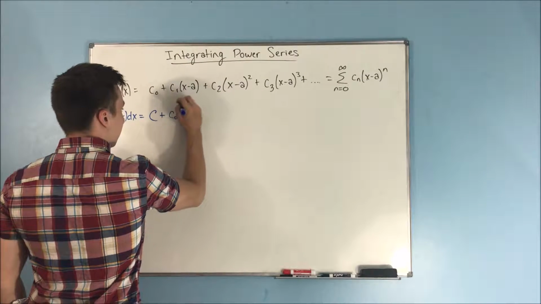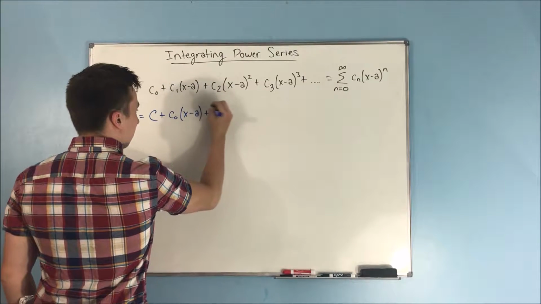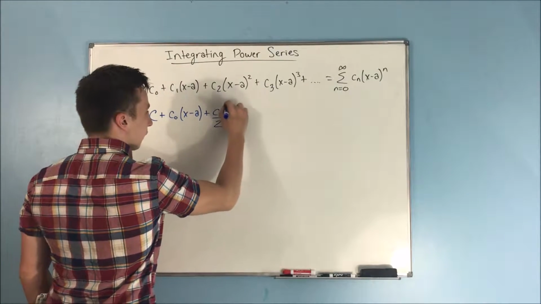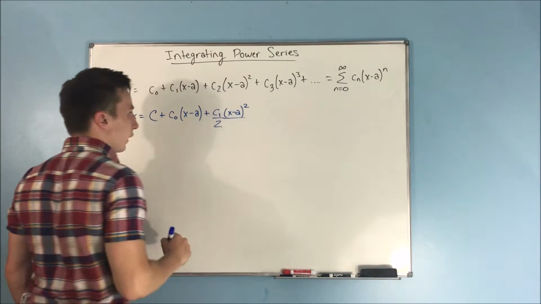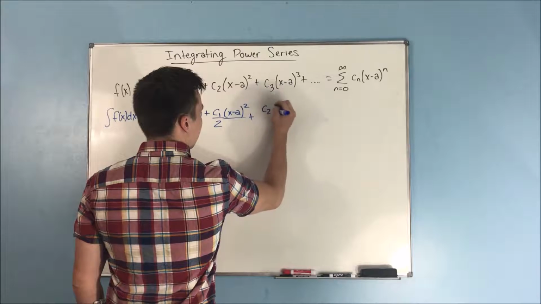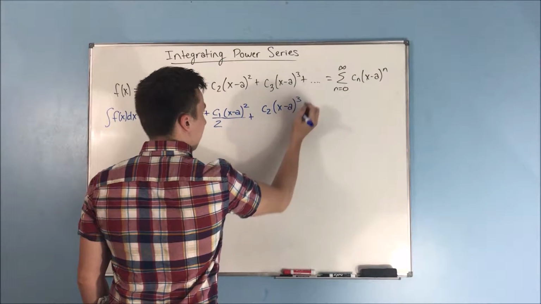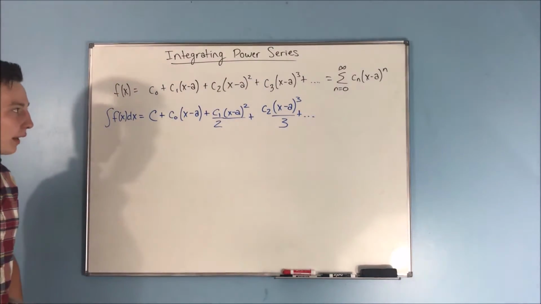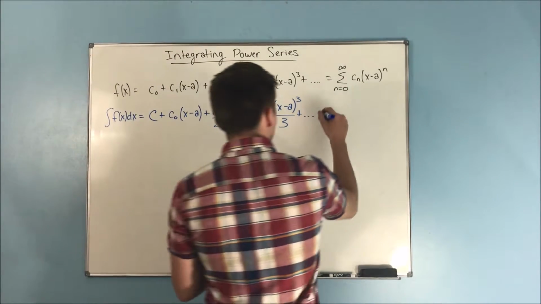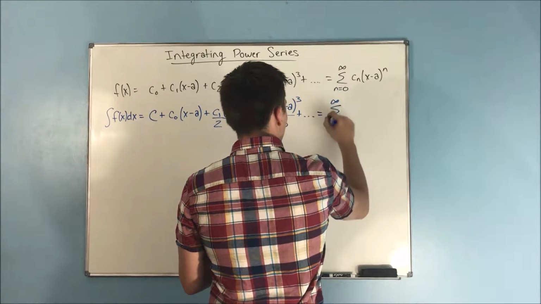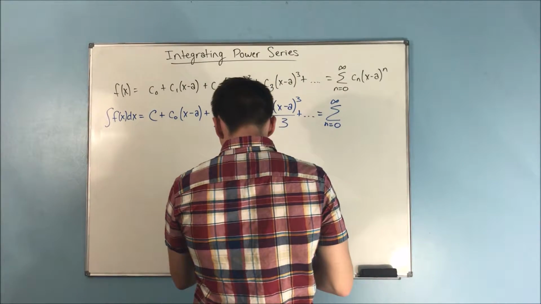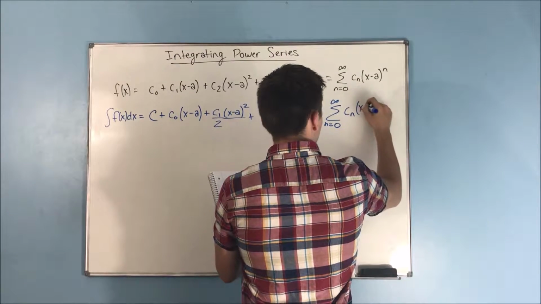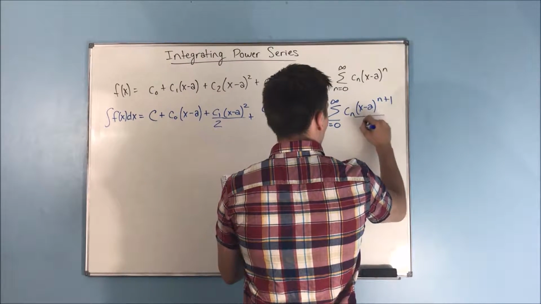You have your c sub 0 times x minus a, plus c sub 1 over 2 times x minus a quantity squared, plus c2 x minus a to the third power over 3, and so on. And that is going to be equal to the sum from n equals 0 to infinity of c sub n times x minus a to the n plus 1 over n plus 1.